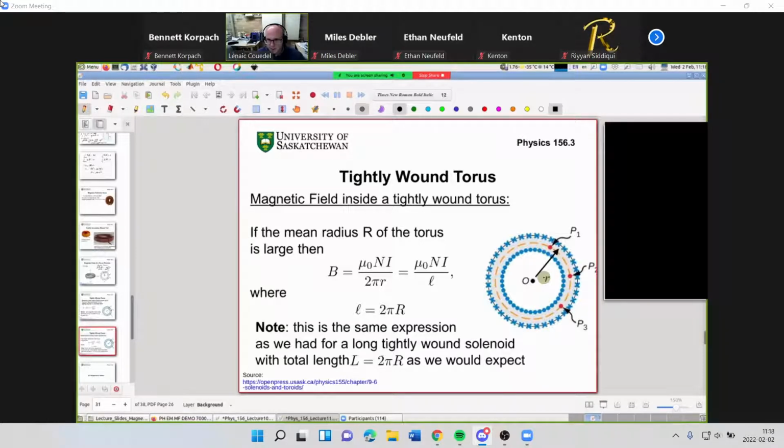It's not because the Earth is not round, it's just because the radius of curvature is so large with respect to what you can see that for you it looks like a straight line. It would be the same here if you took lowercase r going to infinity. Then you would just obtain 2 pi r as the length, the perimeter of your toroid, and you obtain mu 0 N I divided by L, where L is 2 pi r, and you just recover the same expression as for the solenoid.